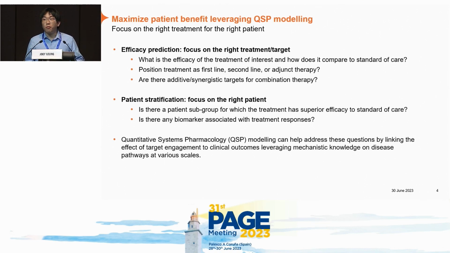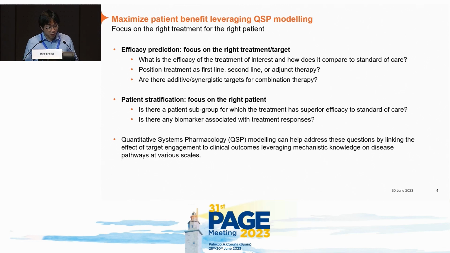The second type of question has to do with selecting the right patient for the treatment. We do this by patient stratification, asking whether there's a subgroup of patients in which a treatment works better compared to the standard of care, and whether there are any biomarkers associated with treatment response, or even better, whether there are predictive biomarkers that can predict the response.